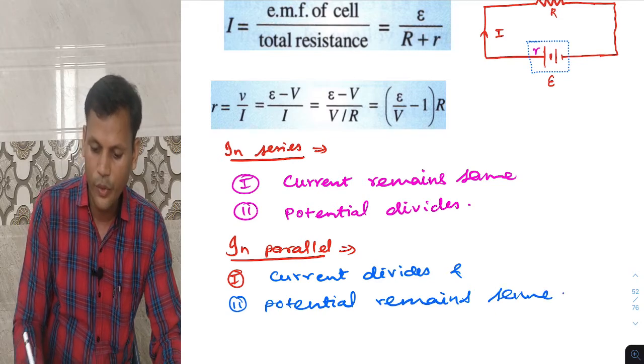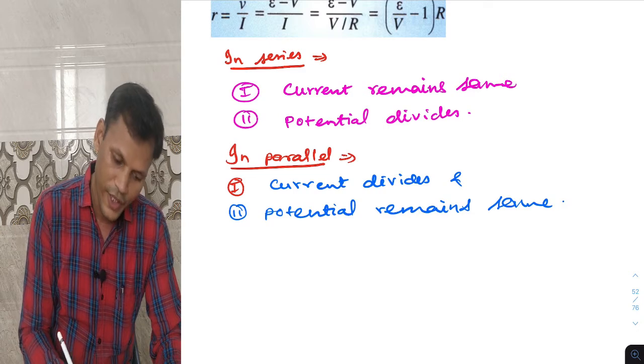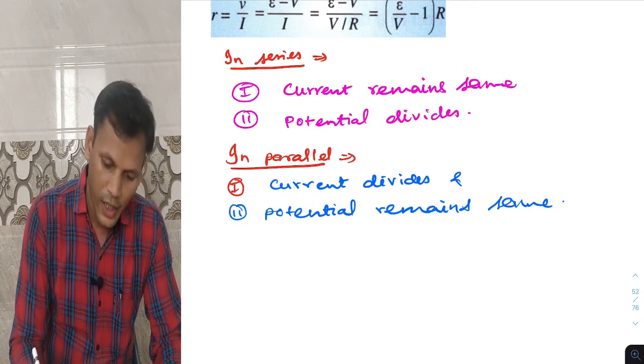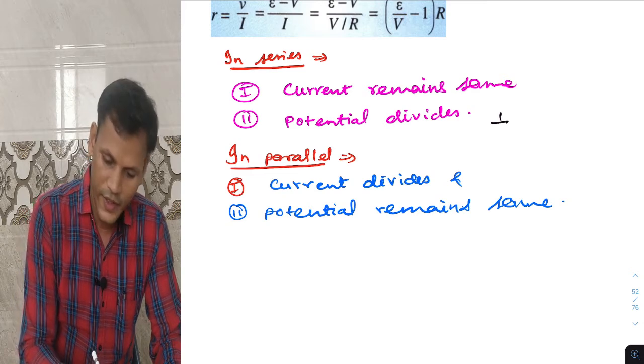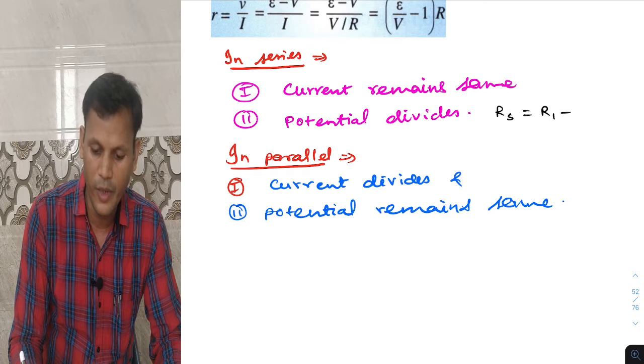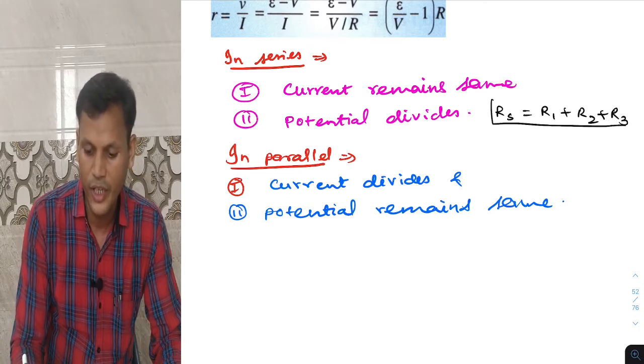And the formulas also we have studied. For series, the resistance is R equals R1 plus R2 plus R3. For three resistances I am mentioning.